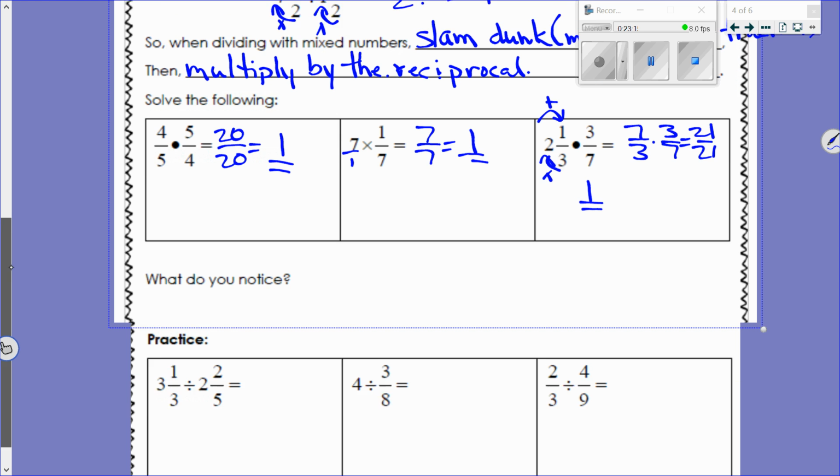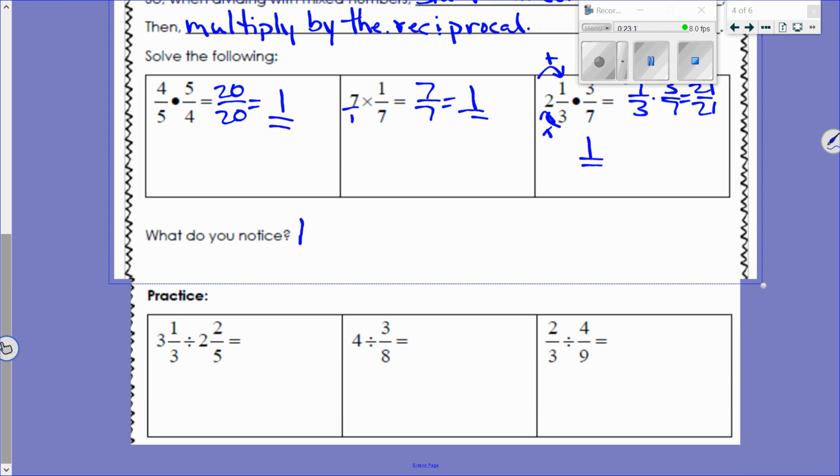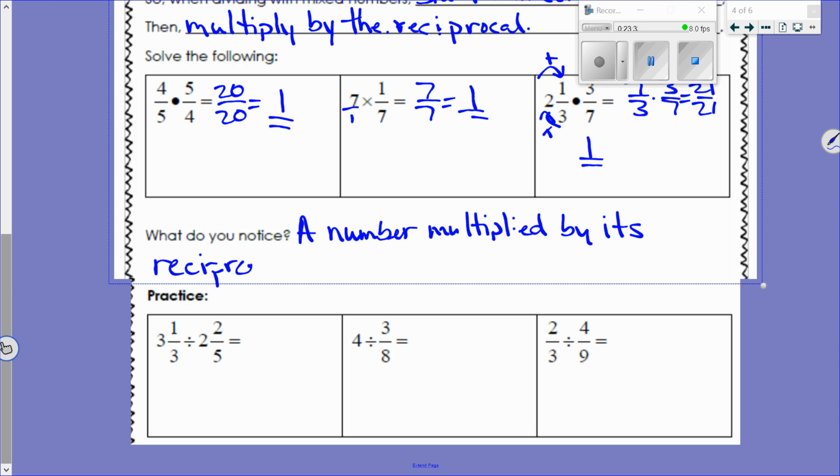So what do you notice? A number multiplied by its reciprocal equals 1.